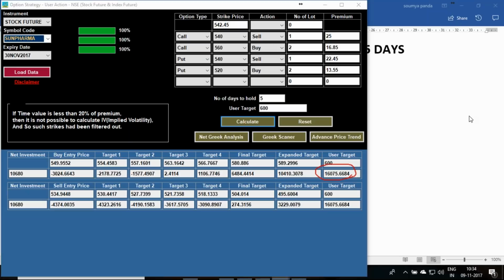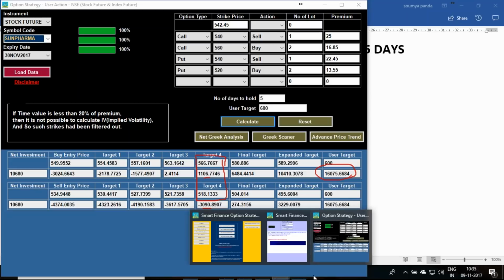The only thing is that if post result it consolidates between 560 or 570 and the 520 level, post the 14th, then you have a chance to lose close to 3,000 rupees on the downside, and you will make a very small profit of 1,000 rupees on the upside. So in case of consolidation, there is a factor of loss.